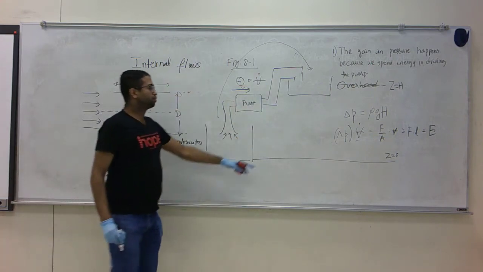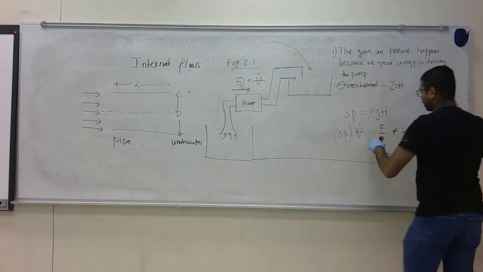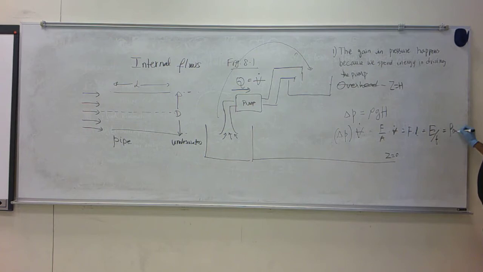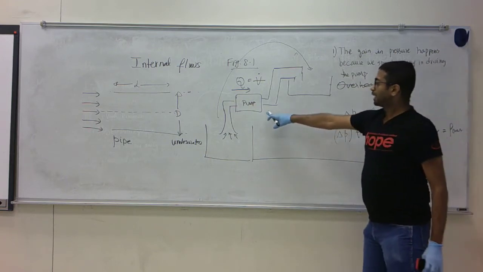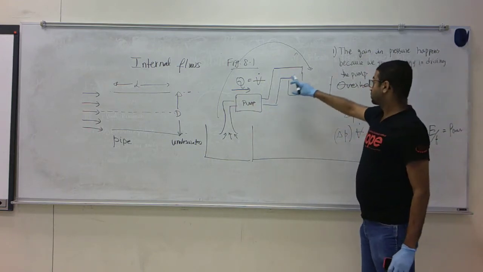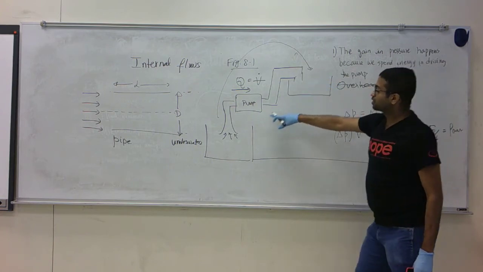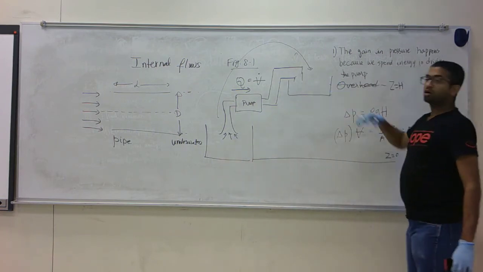So delta P times V dot is energy per time, which is nothing but power. That is, the power that you spend, or the energy that you put in to the pump, ends up as potential energy added to the flow, or added to the water that is transported from the lower level to the higher level.